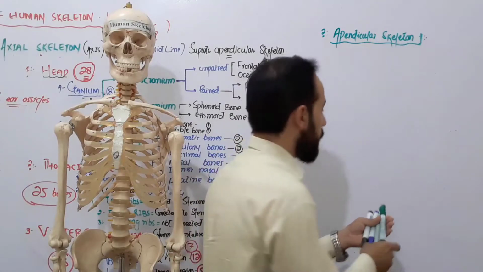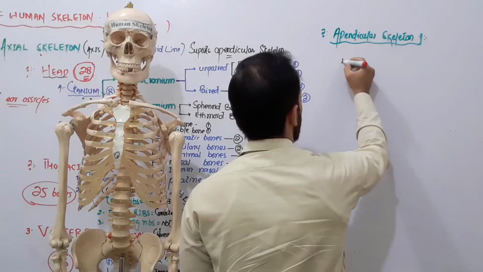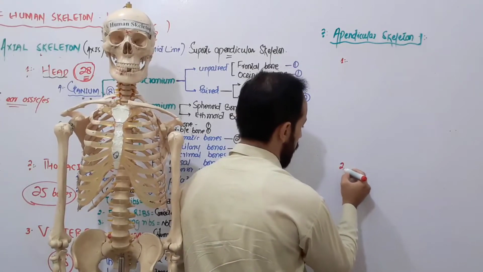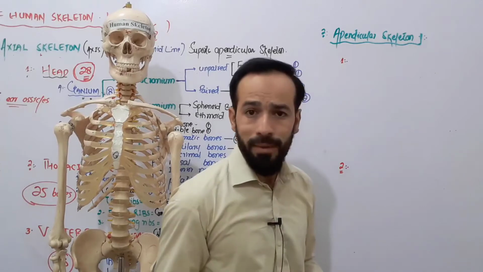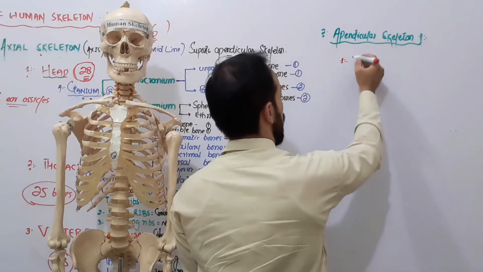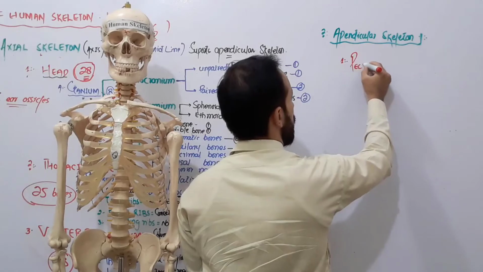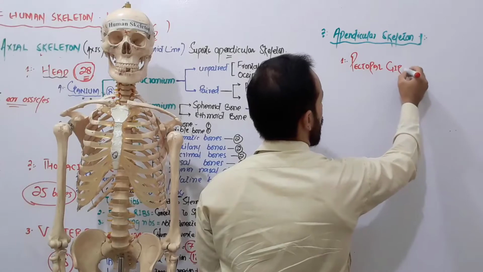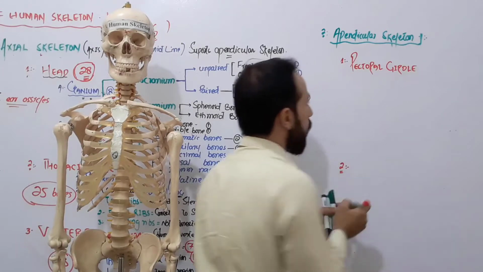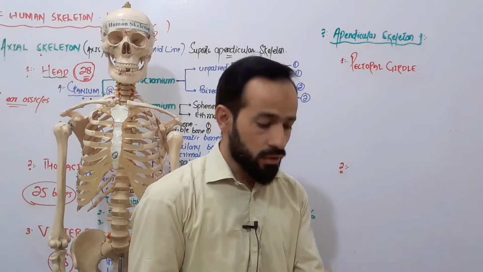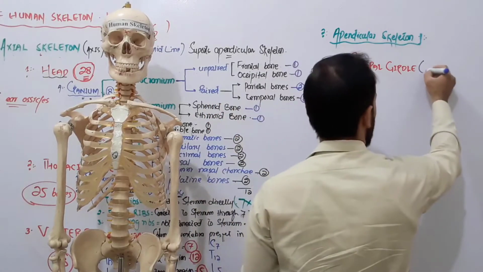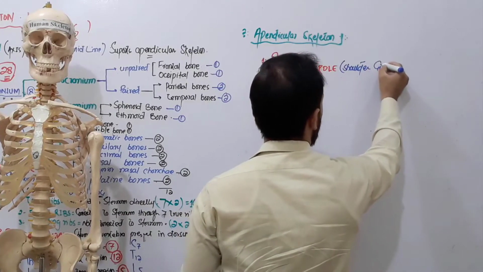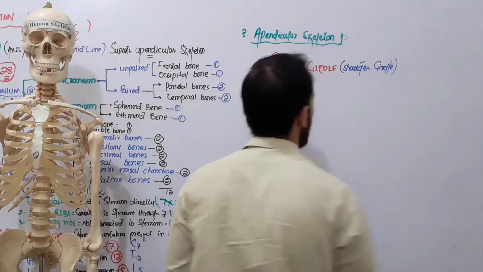Now your appendicular skeleton is divided into two major parts. It is divided into how many parts? Two major parts. And what are those? Those are the pectoral girdle, also known as the shoulder girdle, or shoulder joint.